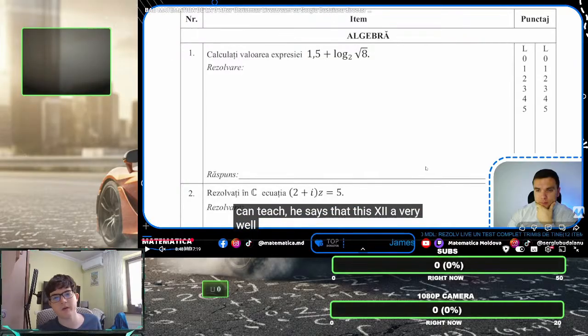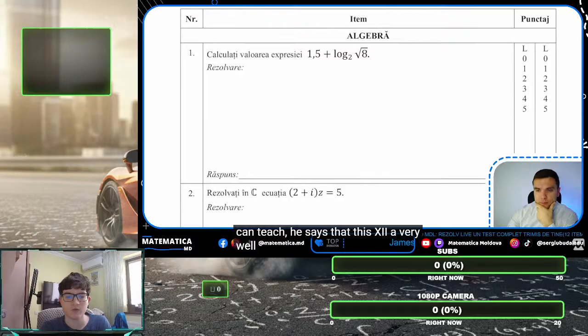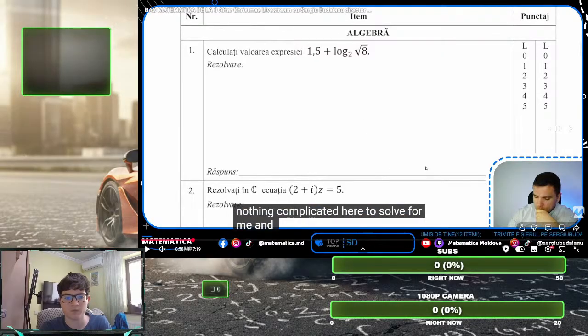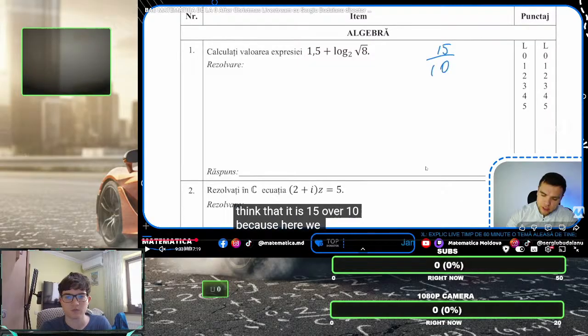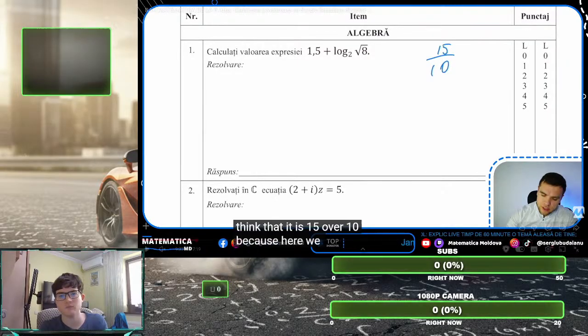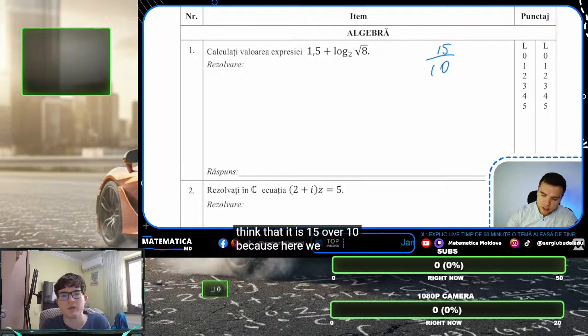So I'll start off with this. Everything set up. Exercise 1. So, yeah, it's gonna solve exercise 1, right? No way he doesn't solve it. Yeah. So essentially you got 1.5 plus log base 2 of the square root of 8.